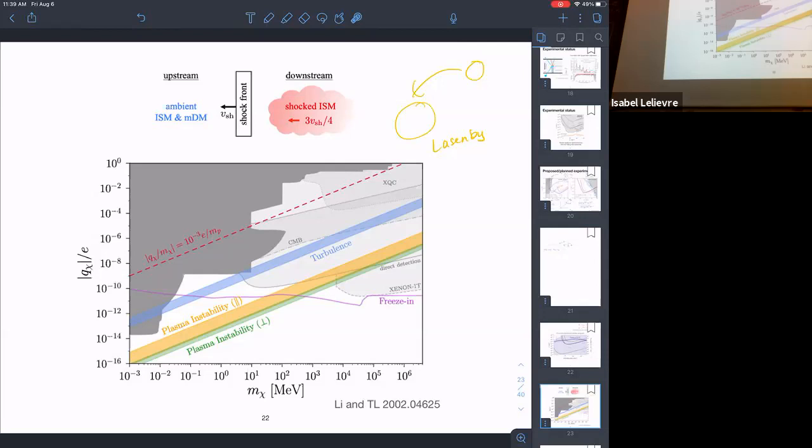So that's a big question I have for these sub-MeV models, despite the fact that I do think they're very interesting and motivated, but there are also a lot of questions.